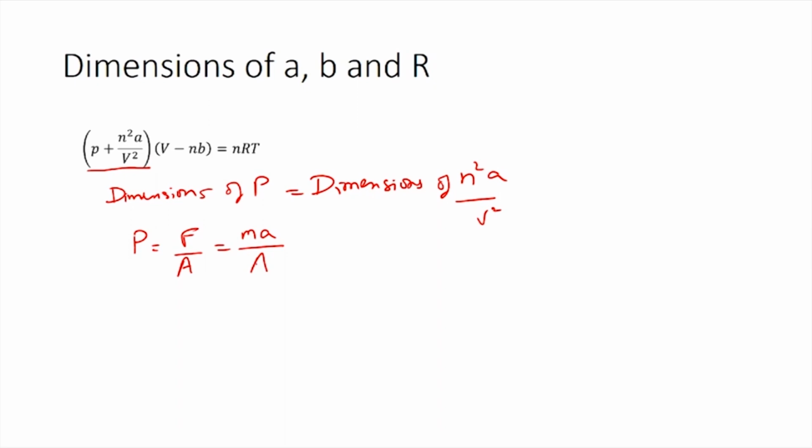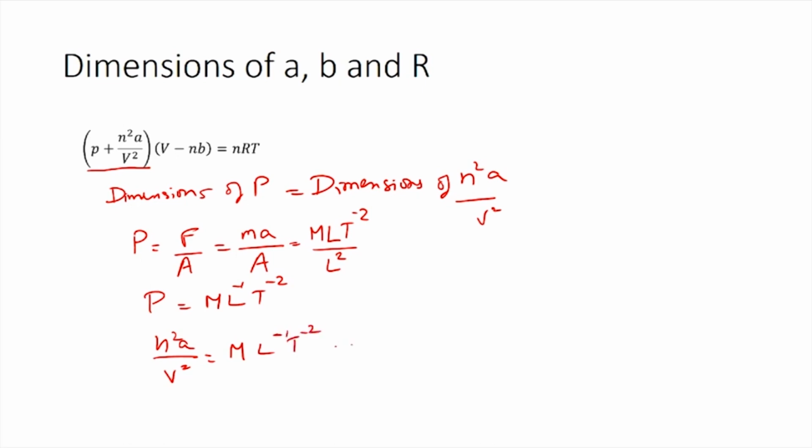So, now using this, the dimensions for mass is M, dimensions for acceleration is L T power minus 2, and dimensions of area is L squared, thereby the dimensions of pressure is M L minus 1 T minus 2. So, this means the dimensions of the term n squared A divided by V squared would also be equal to M L minus 1 T minus 2.